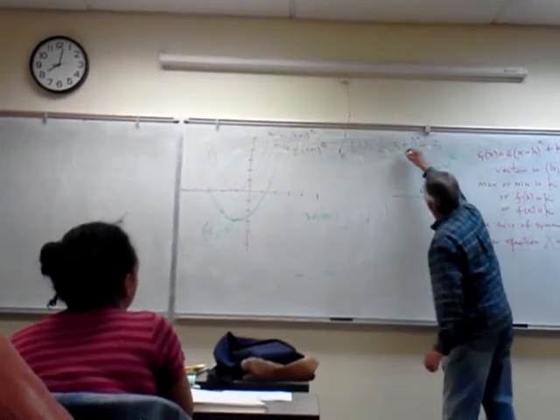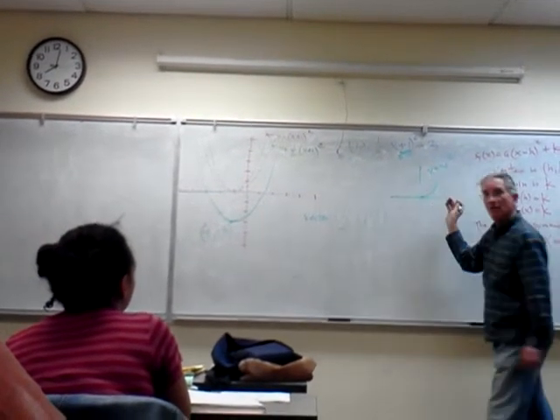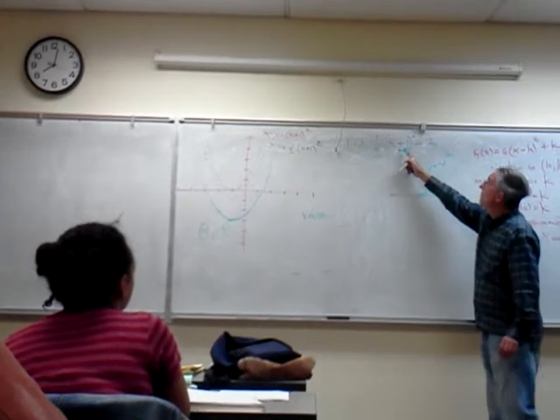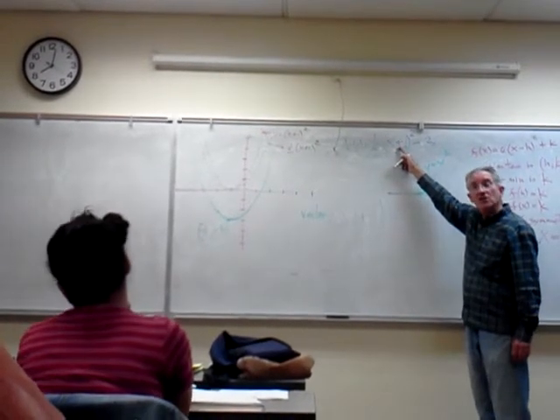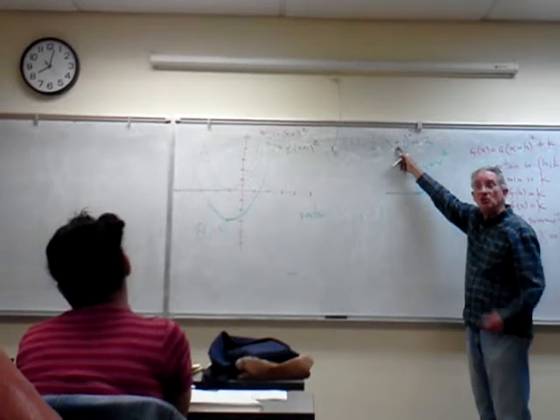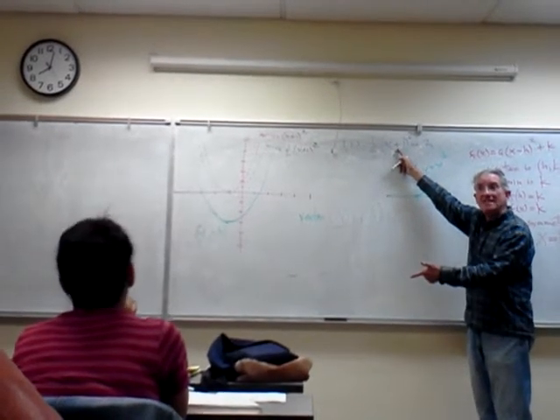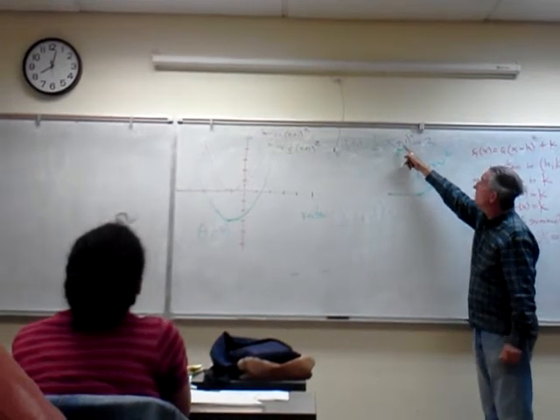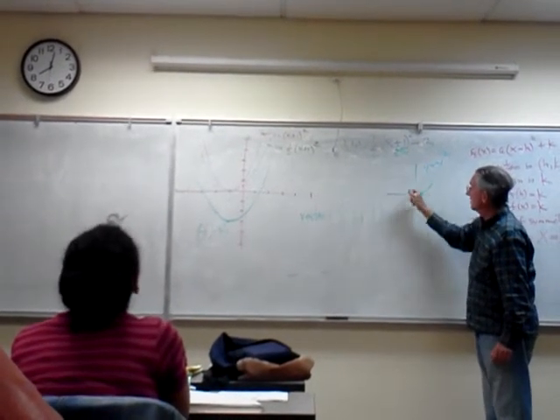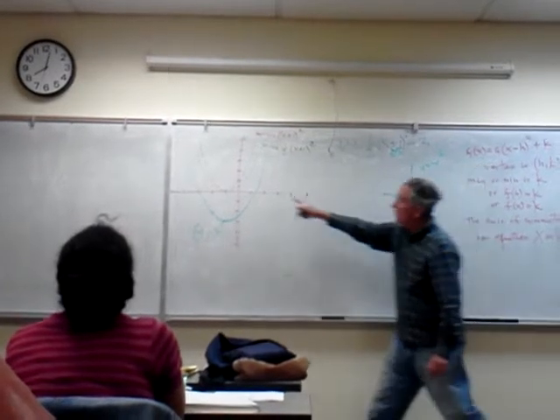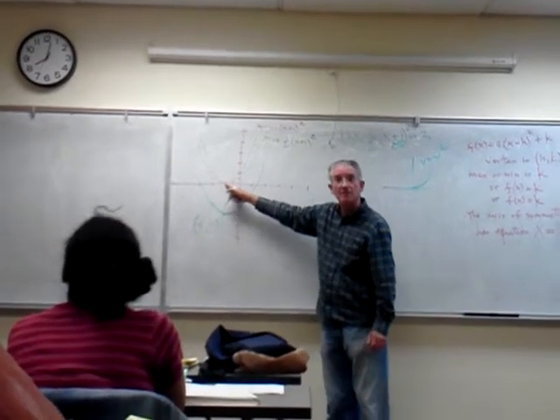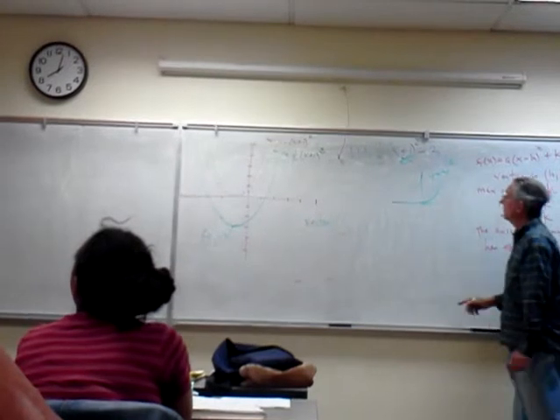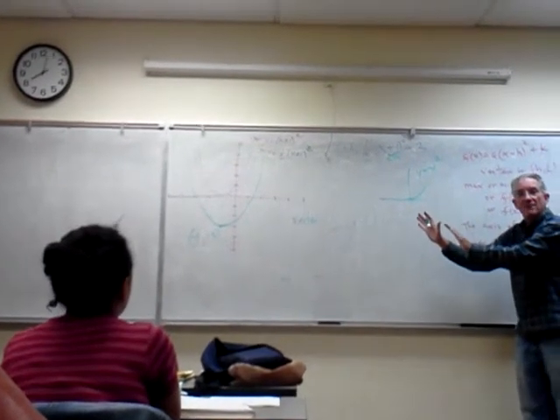Then this here tells you whether you go left or right, and how many units. It's a little confusing because plus means you go to the left, minus means you go to the right, and the number tells you how far. So a plus 1 says we go to the left 1 unit, which brought us here, from 0, 0. The whole graph is getting pushed to the left 1 unit.